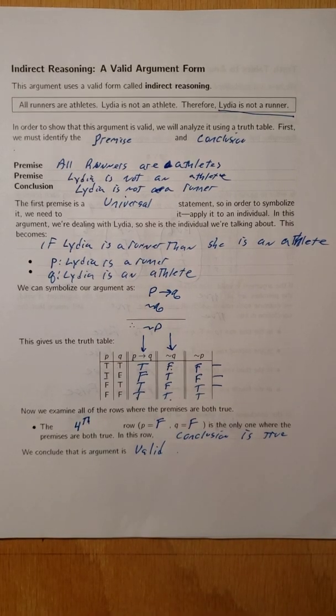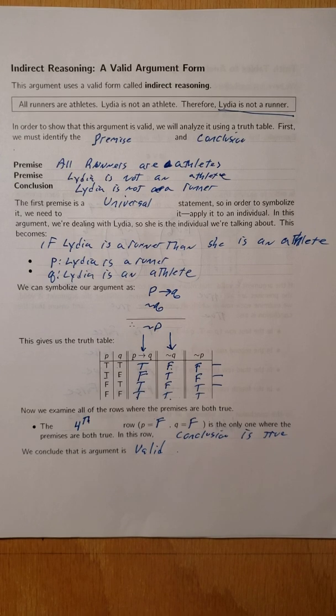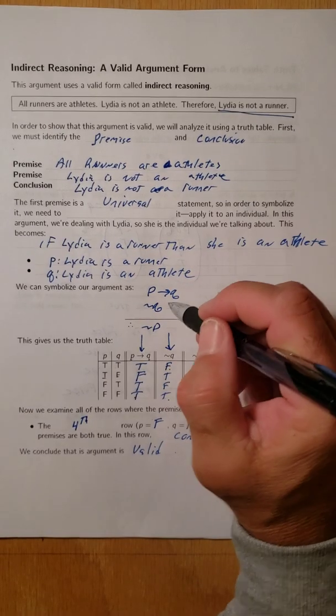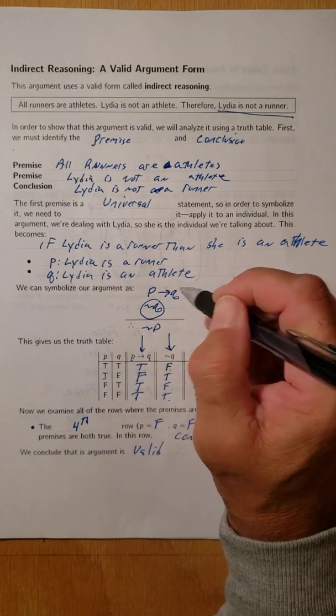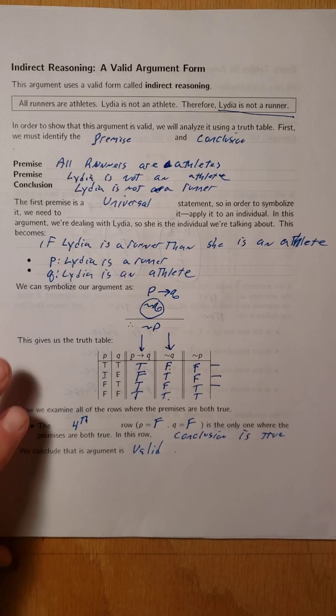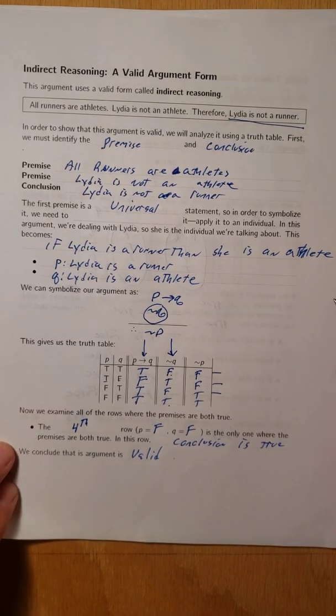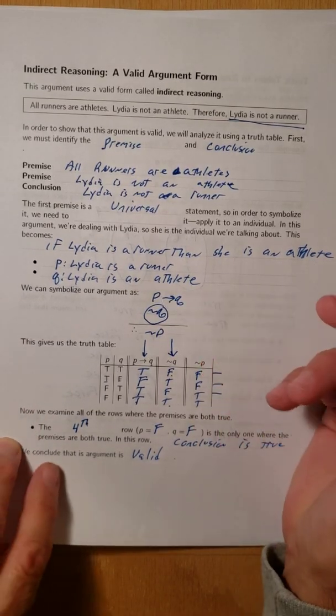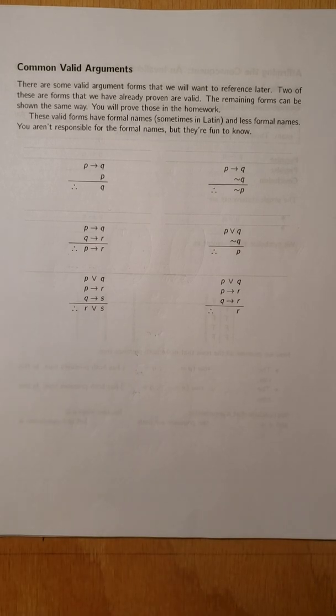Again, I'm only looking at the rows where both premises are true. All right, so this is kind of an indirect reasoning, primarily because we have this statement, if P then Q, and we know not Q. Okay, so that's why it's indirect. You'll see the direct one in a minute.